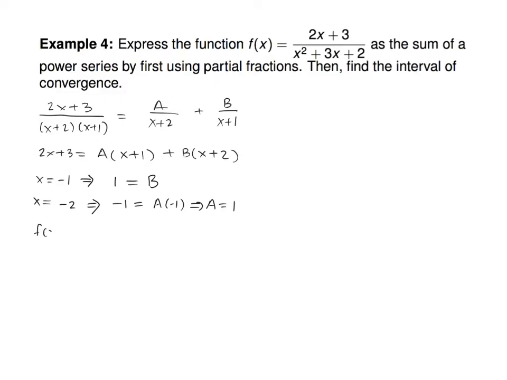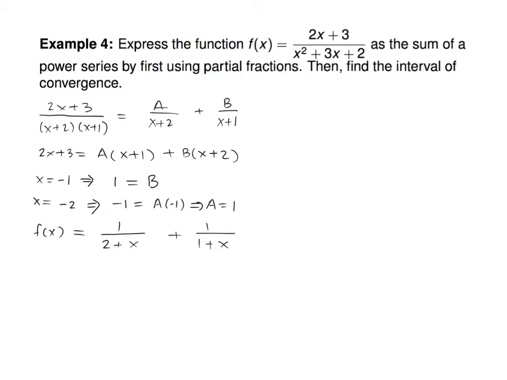Okay, so f of x is equal to a, 1 over 2 plus x, plus b, 1 over 1 plus x. Is that okay? Partial fractions is something you never really get the opportunity to forget.